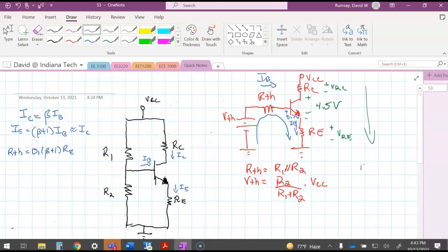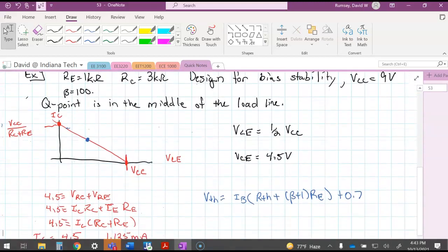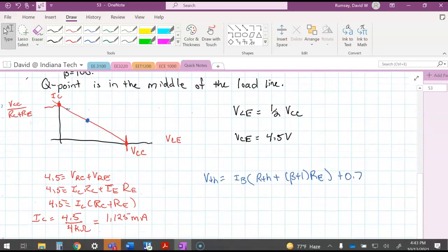Well, IE is equal to beta plus 1 times IB, so I just did that automatically in my head before. That's where this term comes from. That beta plus 1 RE, I basically substituted in already.